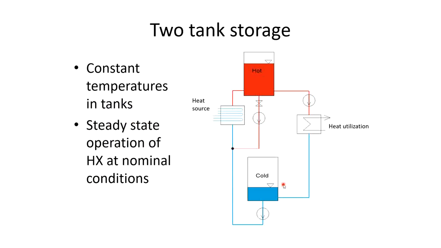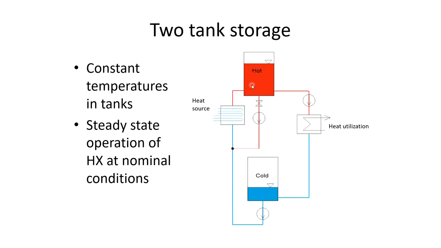Now the basic principle of heat storage in liquid form is the two tank storage, which is illustrated over here. We have some heat source, a hot tank and a cold tank. When the storage system is discharged, that means the cold tank is full, and when heat is available, the fluid is pumped from the cold tank by the pump via the heat source, where it heats up and is stored in the hot tank.